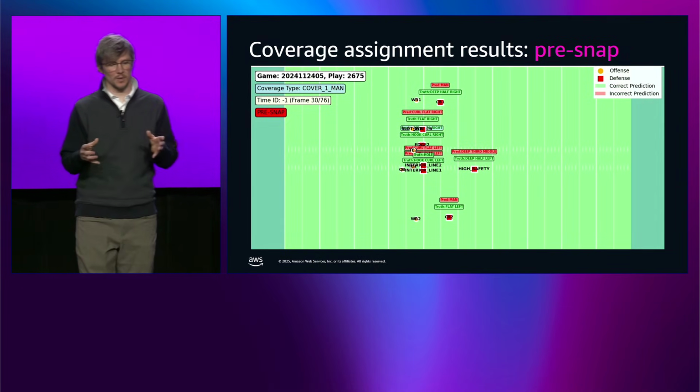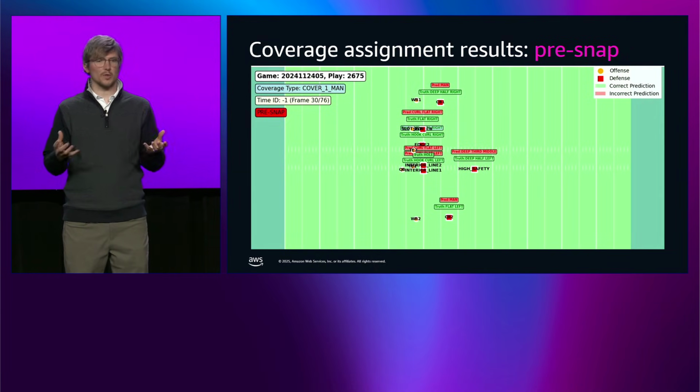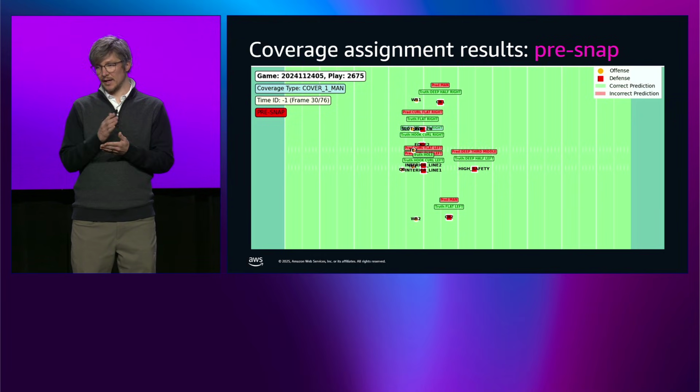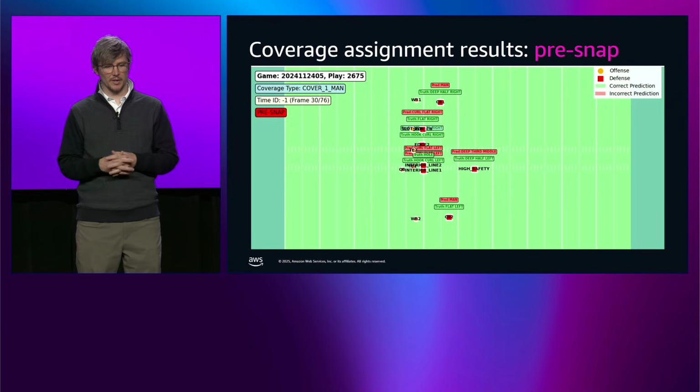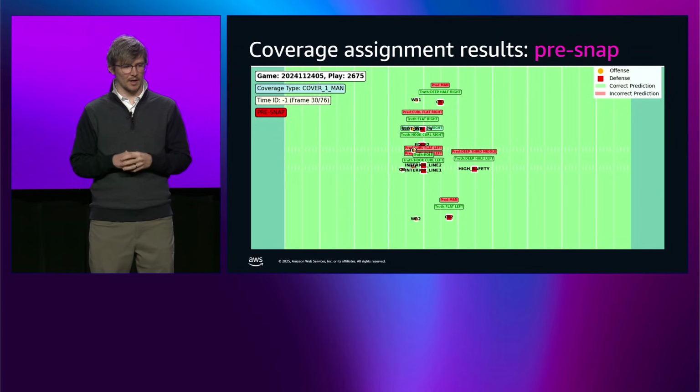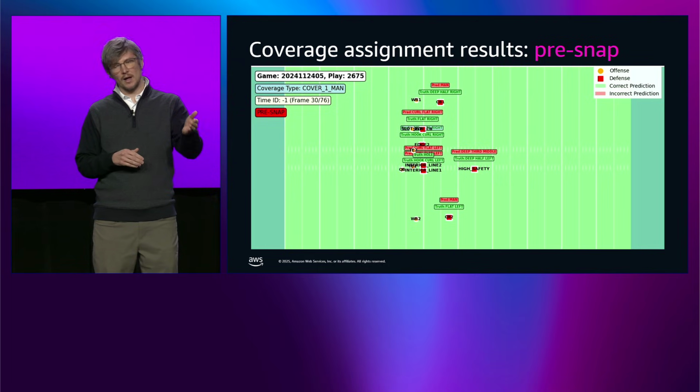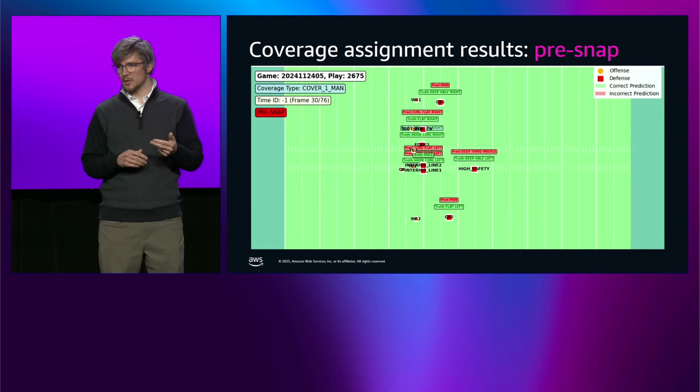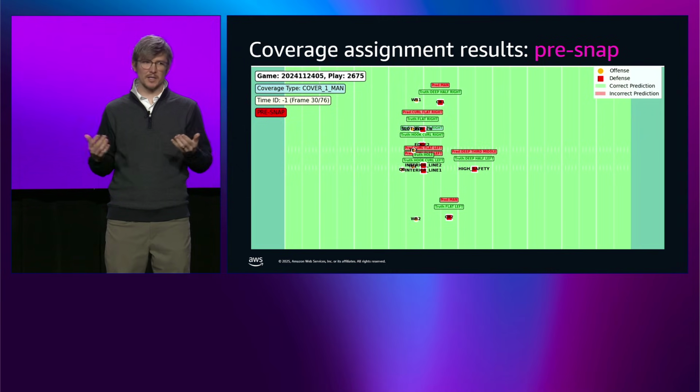Now what we're doing is classifying one of 20 coverage assignments for each of our 11 defenders active during the play. Looking at this visual, we're only looking at the pre-snap results of the model. We've colored our offensive players in yellow, our defensive players in red, and we've also indicated what the ground truth label is as well as the model's prediction.